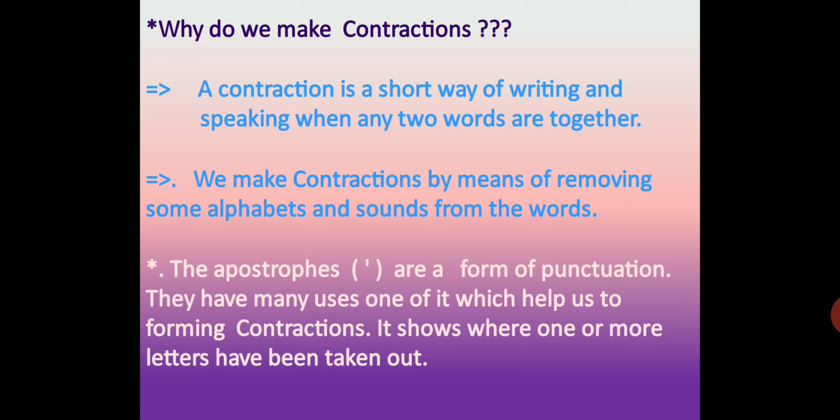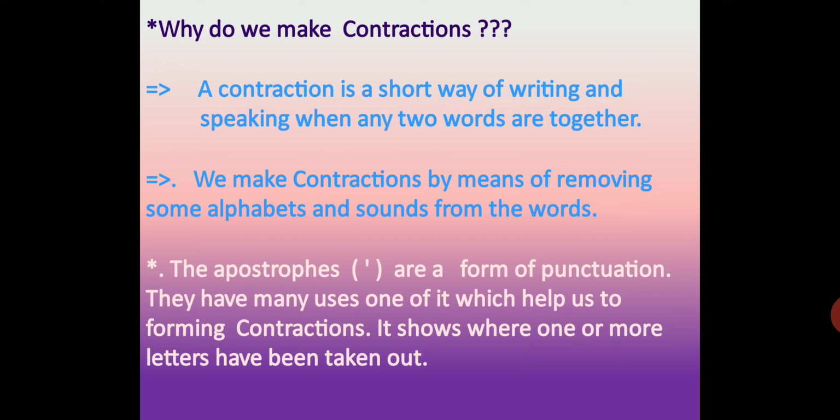Apostrophes are a form of punctuation. They have many uses, and one of them helps us in forming contractions. It shows where one or more letters have been taken out.